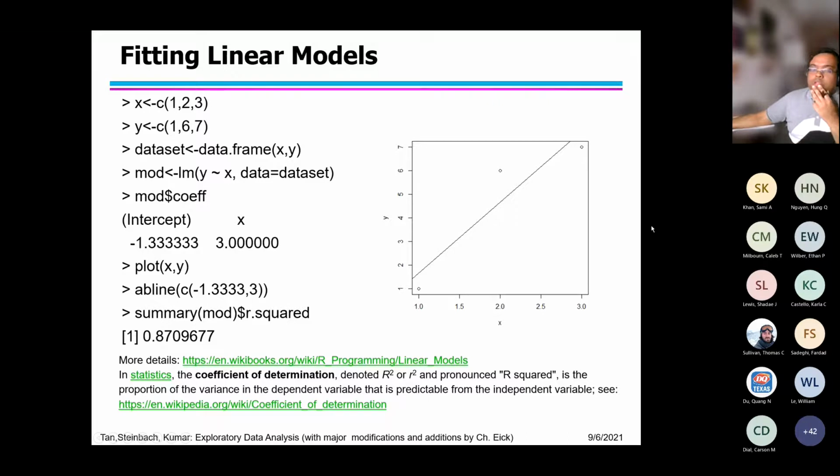So once you have done this kind of statistical analysis already, if you have figured out the mean, looked at the medians, checked the standard deviation, and fit a linear model that tells you the R square value, whether it's correlated or not, and things like that, then you need to start visualizing it.